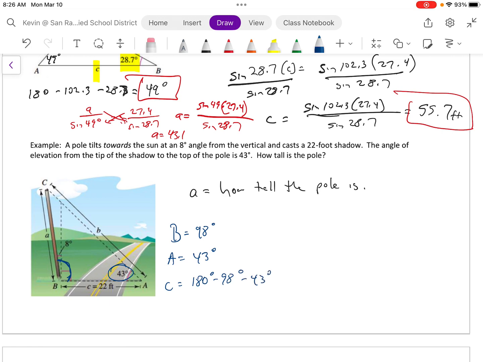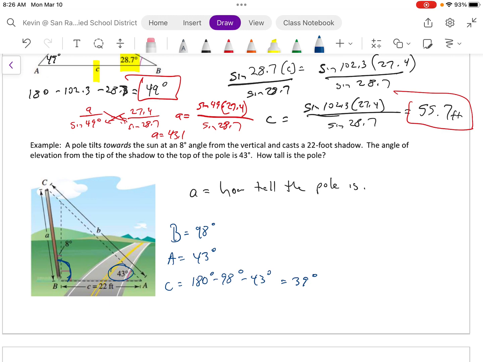So angle C is going to be 180 minus 98 minus 43 degrees. Let me use my calculator. 180, 98, 43. So angle C is 39 degrees.